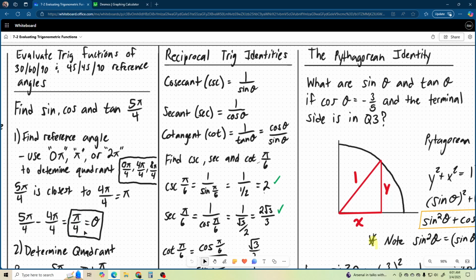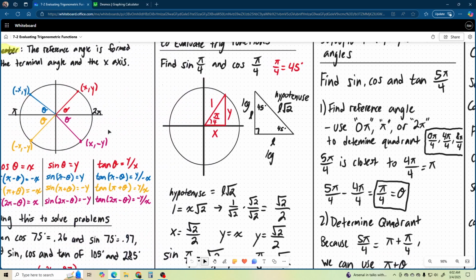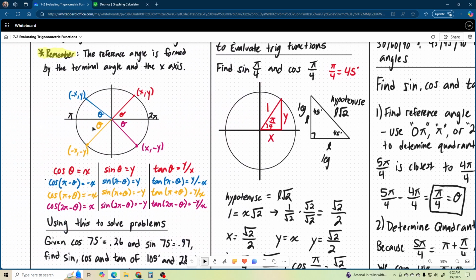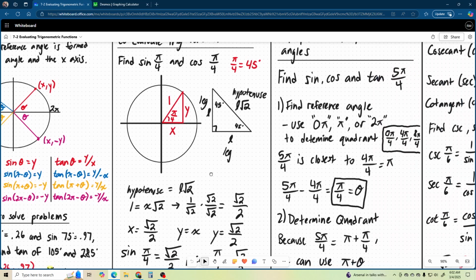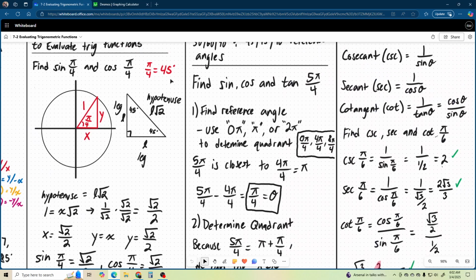Now, because we added pi over 4 to our reference axis, we're going to be going pi over 4 down into, just to kind of go back over here, we're talking about this gold color. Because we had pi and we added a little bit, that puts us into quadrant 3. So we added pi over 4, and remember pi over 4 is 45 degrees, so we added 45 degrees to our 180 degrees.